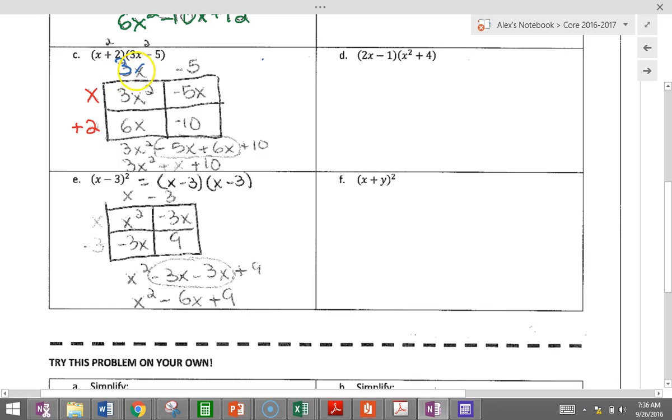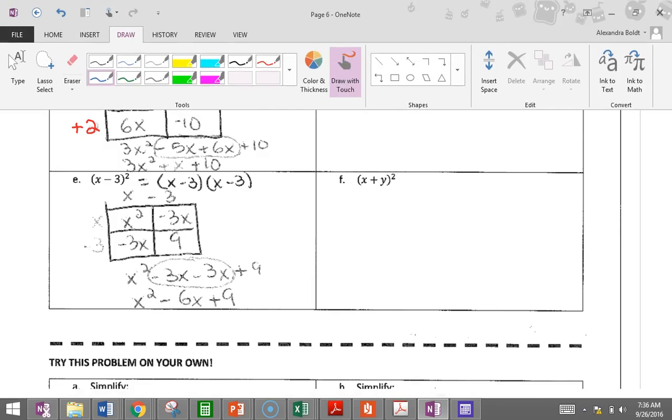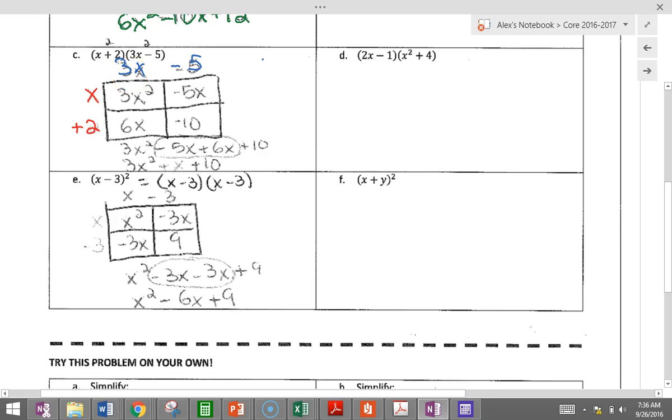And then 3x minus 5. Again, make sure that negative gets written with the 5. 3x times x, I have 3, and then an x and an x is x squared. Negative 5 times x is negative 5x. 3x times 2, well, 3 times 2 is 6x. And 2 times negative 5 is negative 10.